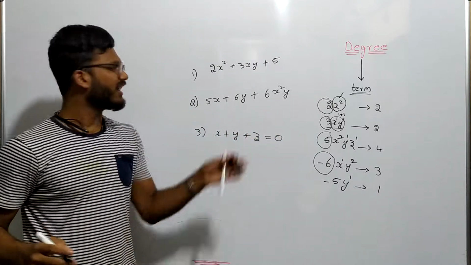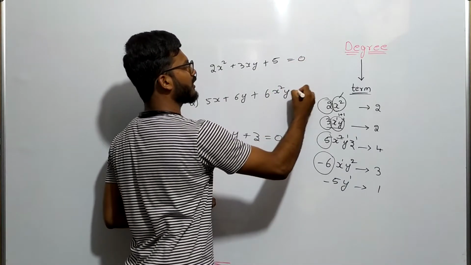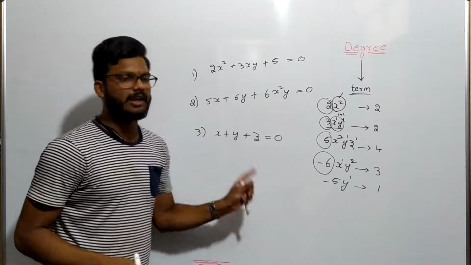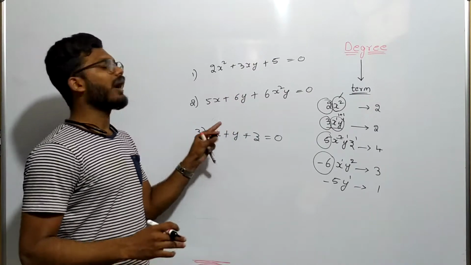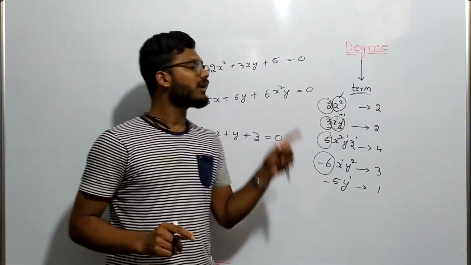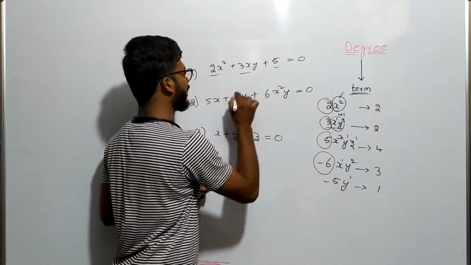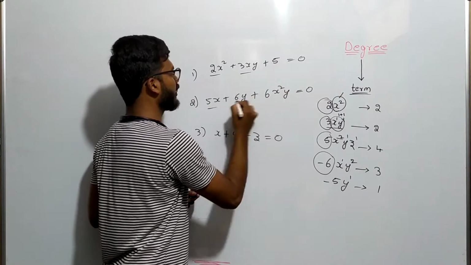Suppose this is an equation. Anything, whether it may be equation or expression, no difference. But what is the degree now? Degree of an expression refers to the highest degree of any term. That means we have to see the degrees of each and every term. Here, we don't have variables, so it won't be.